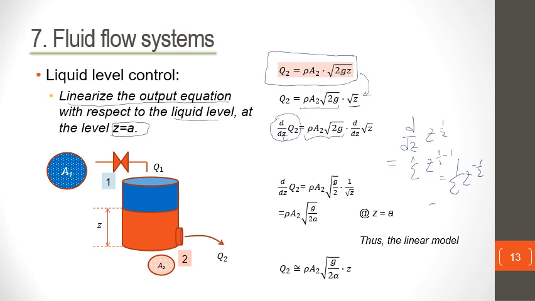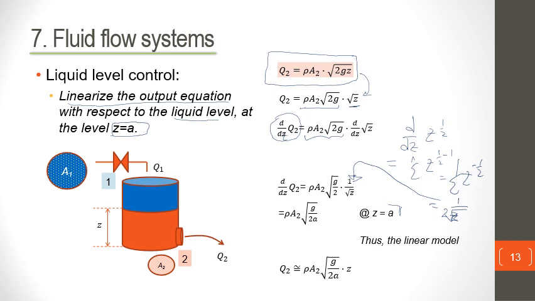So this should be equal to 1 over 2 root of Z. That is the new derivative that we have. Putting it back into that equation, this gives us rho times A2 times root of G divided by 2 times 1 over root of Z.